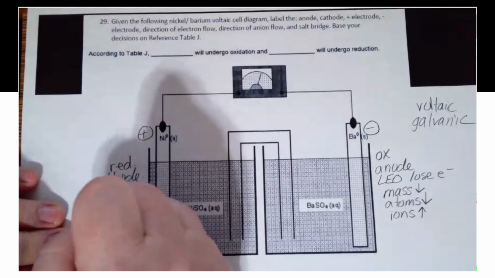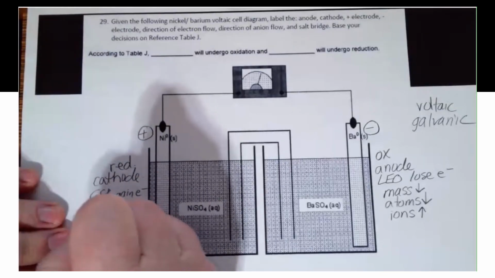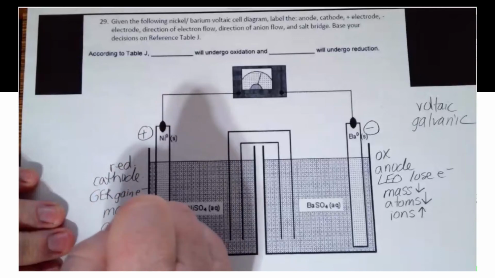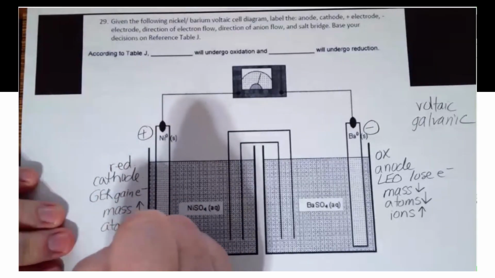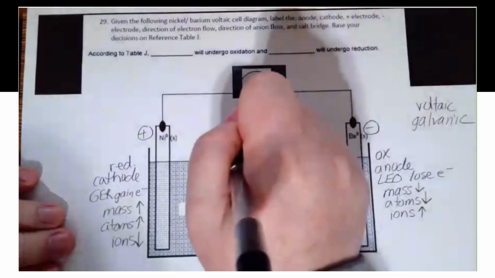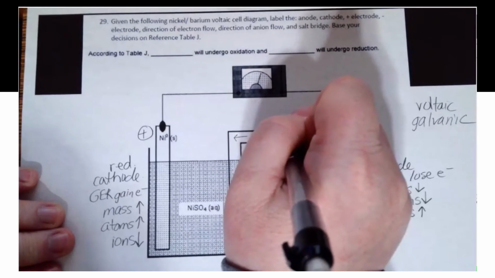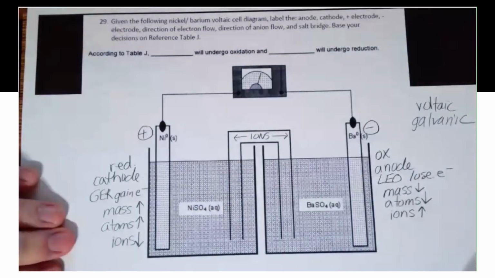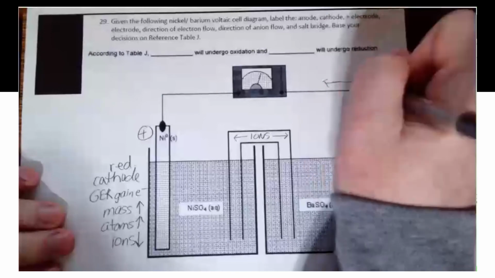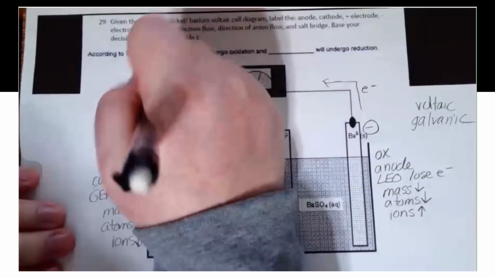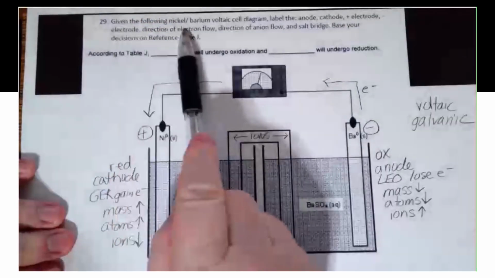Since it's gaining electrons, the mass of that piece of metal will go up, which means the atoms will go up because the atoms are on the piece of metal. The ions will go down. What will happen here is ions will flow back and forth. Electrons will flow through the wire from anode to cathode.